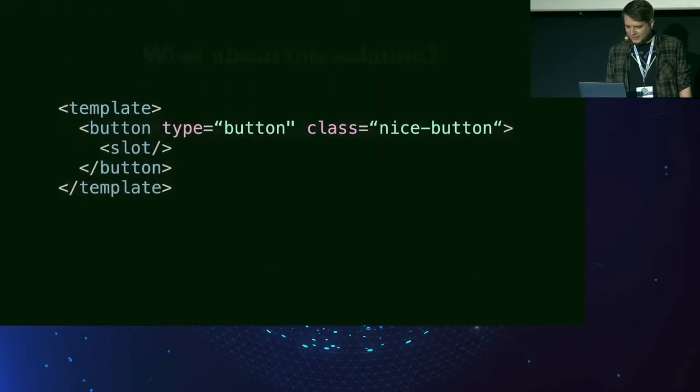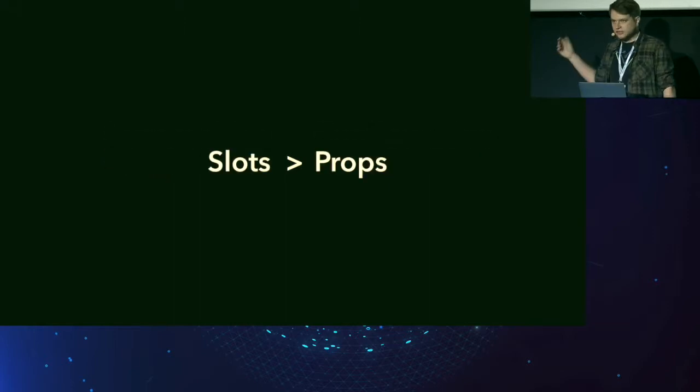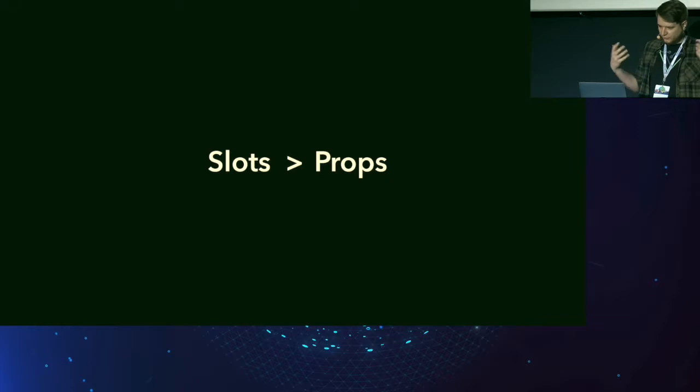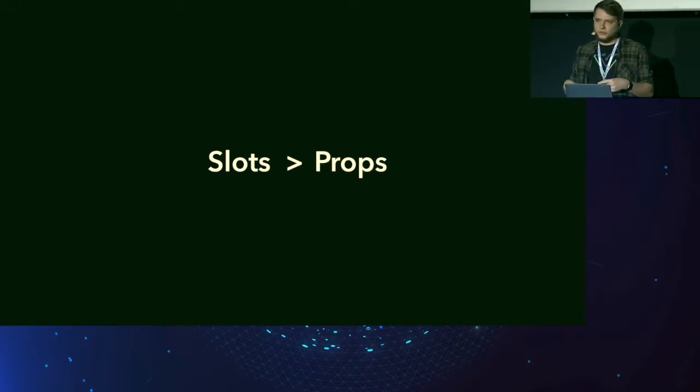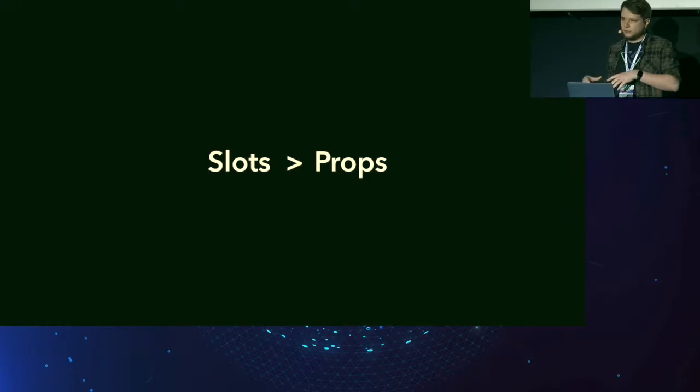Okay. So, composition and configuration. And in Vue, this means slots versus props. If you feel that you get too many props, too many configuration options, start thinking whether you could use a slot to basically remove the implementation details, like remove the requirements from this component to another component, maybe to the parent.